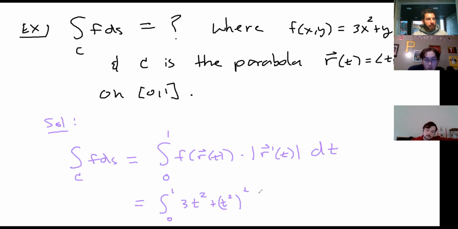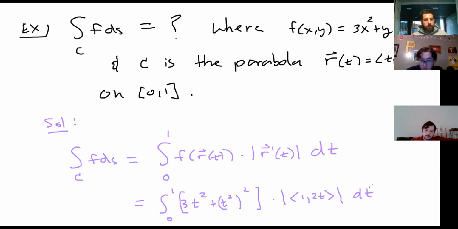And then we're multiplying that. So I'll put it in brackets. What is the length of r prime of t? Well, that's going to be the length of, what's the derivative of r? The derivative of r is 1 comma 2t dt.